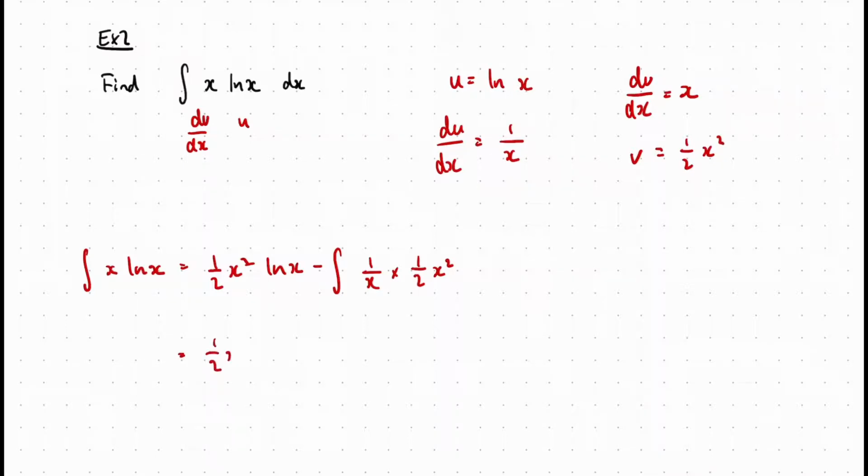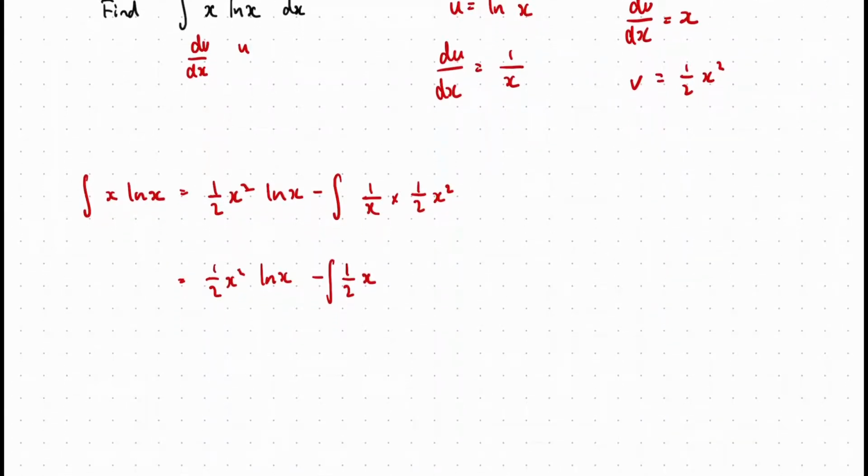So this is going to become half x squared log x minus the integral of a half x. And then when I integrate this, I'm going to end up with a half x squared log x, add 1 to the power, x squared, divide by the new power, minus a quarter x squared plus c.